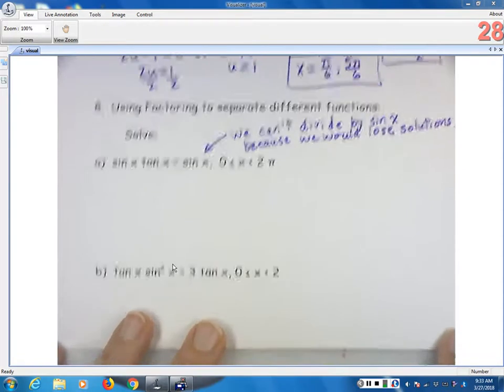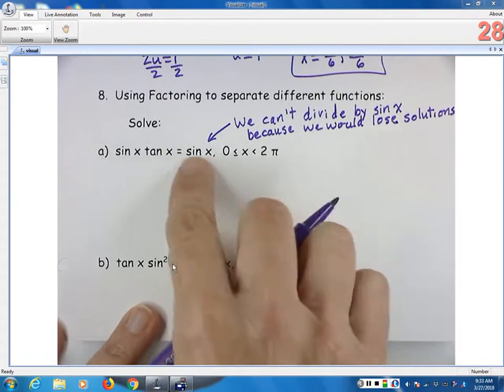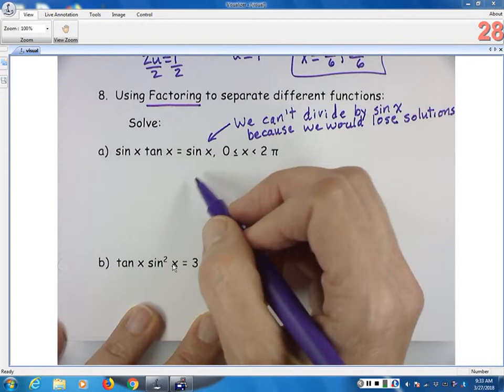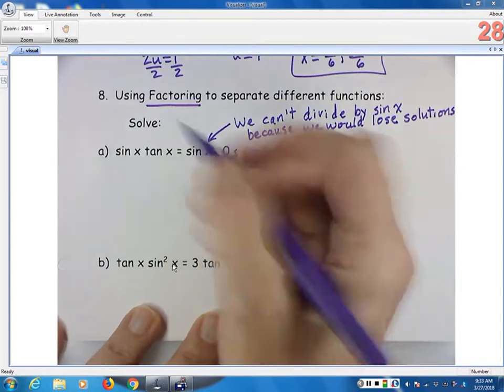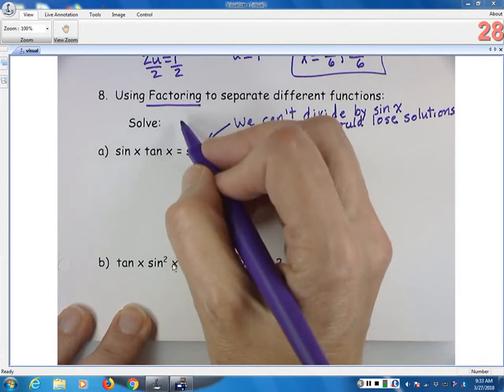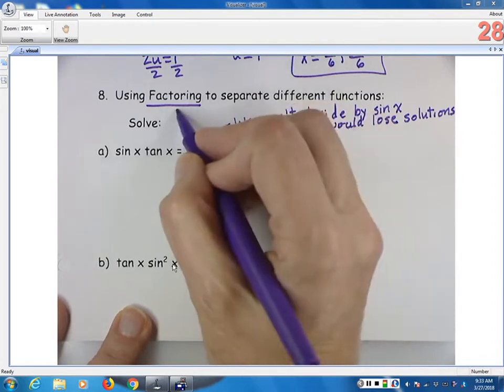Okay? So we want to get 0 to factor. You have to get 0 on the right. So we're going to factor. We set to 0 first.